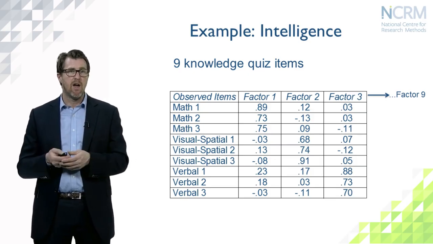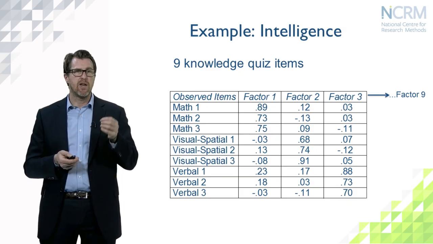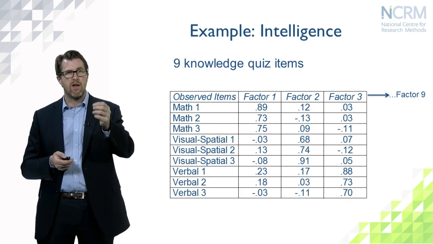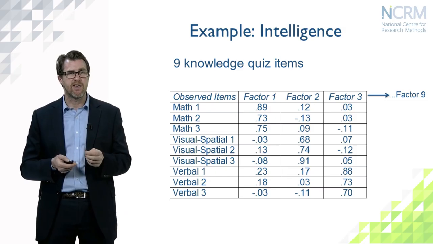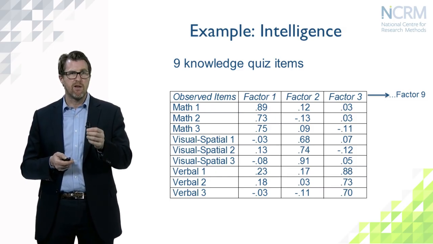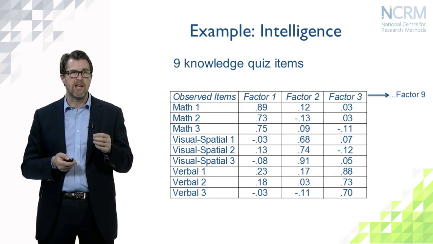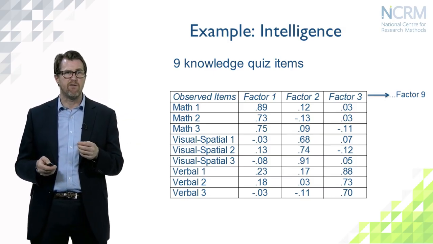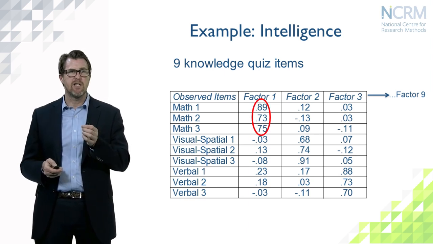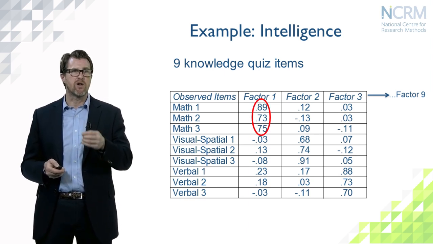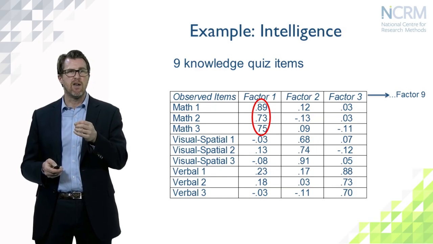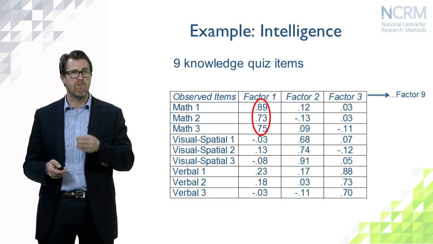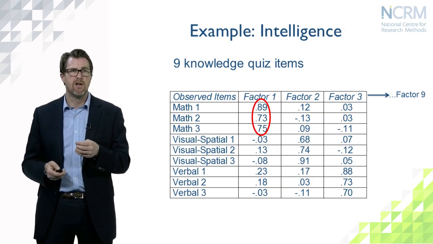Once we've done that, we want to know what each of these 3 factors is actually measuring, and we do that by looking at the pattern of correlations, which are in the rows and columns of this table, between each factor and the set of items. So if we look first at factor 1, we can see that the factor loadings, or the correlations, are high between factor 1 and the observed items which are measuring mathematical ability.